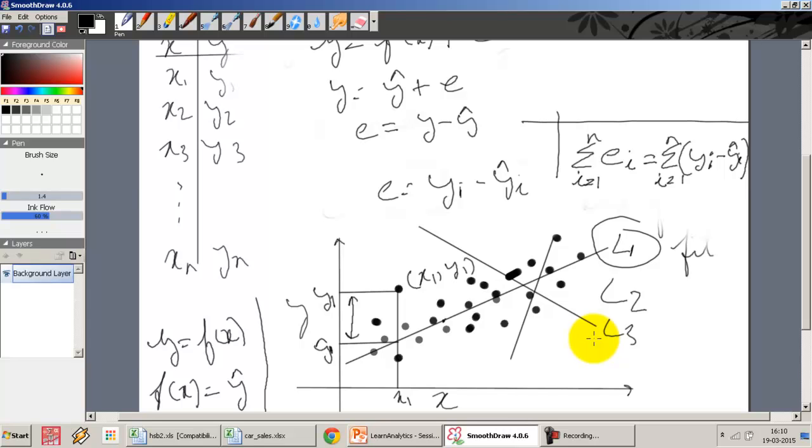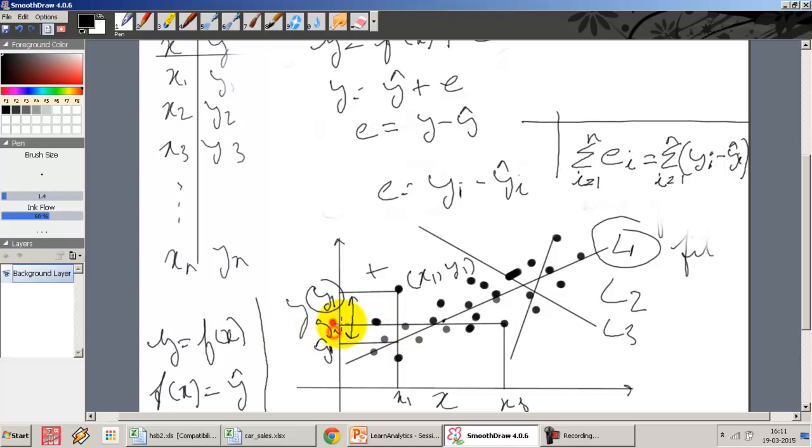Now, if I start to do that, there is one problem that I see over here. For example, for this particular observation, the error is positive because yi is greater than y hat. But let's look at this particular observation. For this pair, I'll call this xj. The value of y is over here.